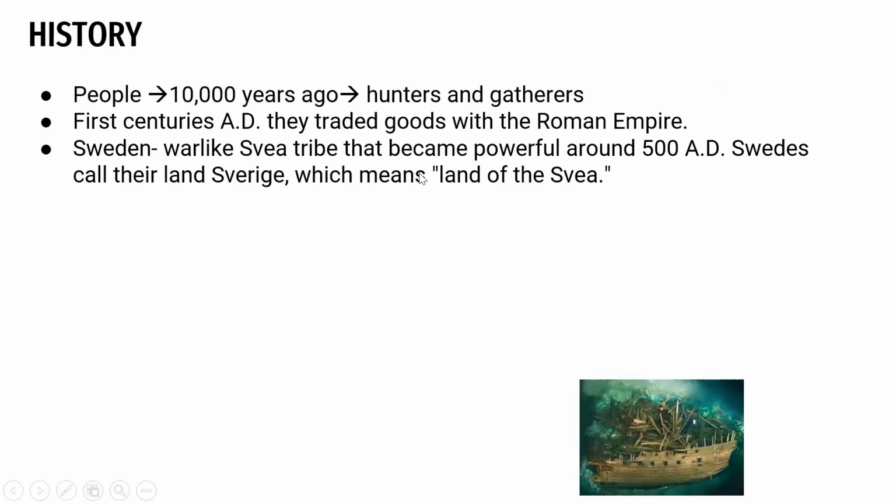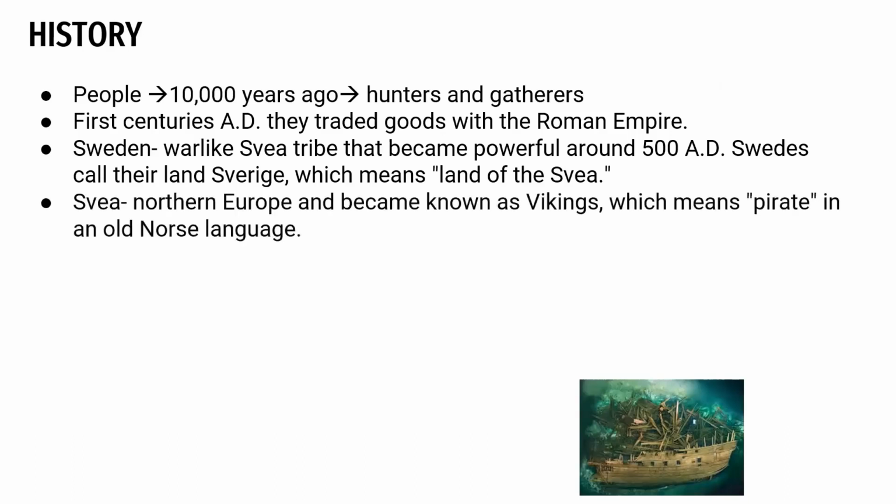So when you see this picture, what comes to your mind first? A sinking boat. No, this is a ship. So what comes to your mind first? A war. Vikings. Yeah. Voyage. So now comes the Vikings part in Sweden.